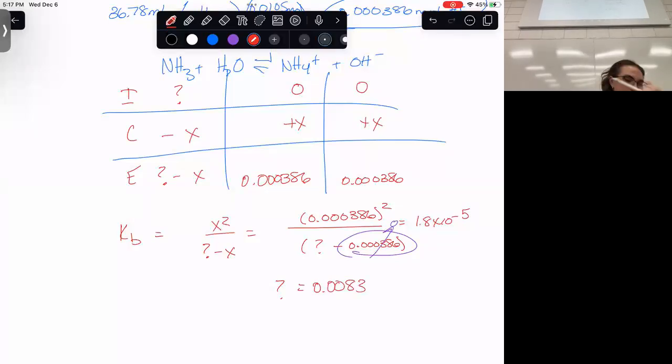That's in moles, and then you can just divide by 25 divided by 1,000. Close. Nope, that's close.